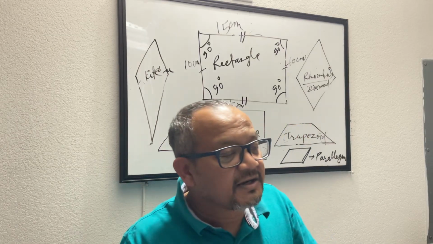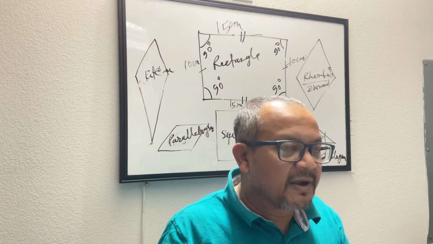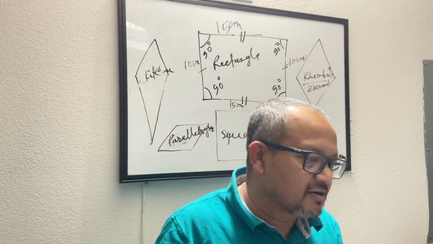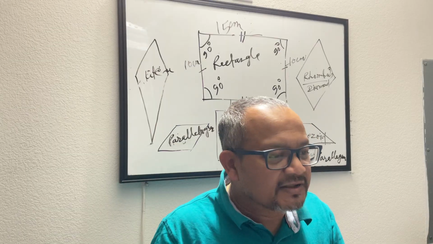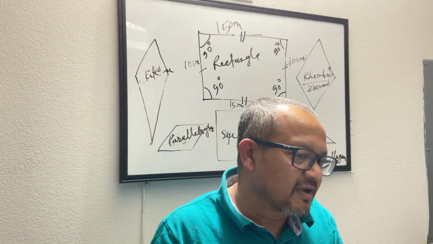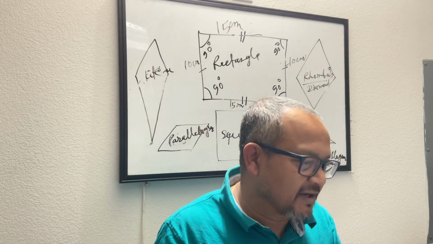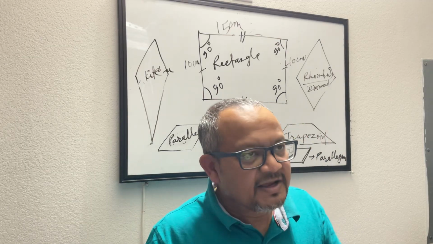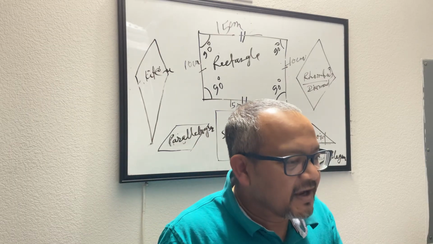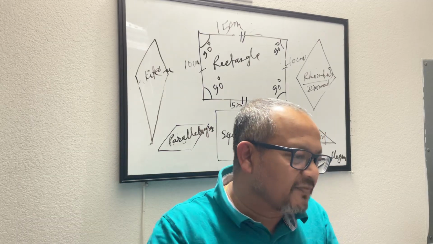I'm saying that you have a parallelogram and you have a rectangle. If you have to call one of them father and one of them the daughter or son, who will be the father and who will be the daughter?